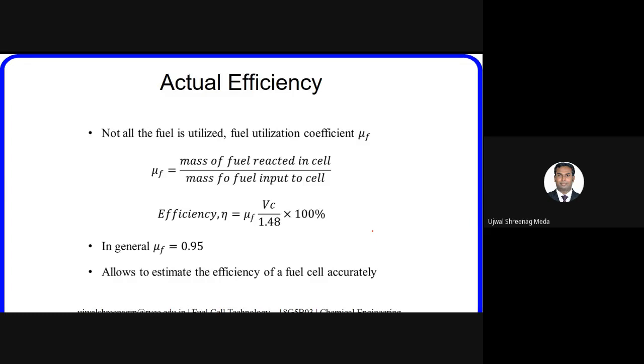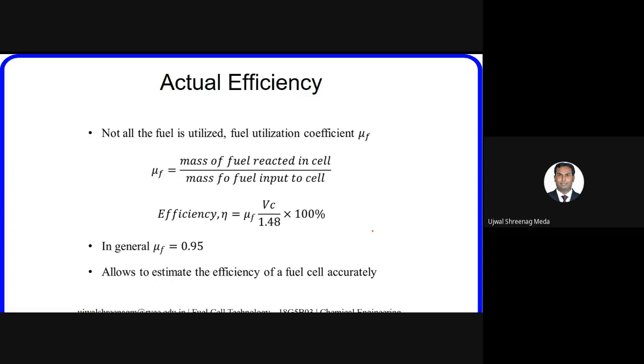And later with that, we defined how to calculate the maximum efficiency, which is the ratio of delta GF by delta HF. And when it comes to this delta HF, there are two values. One is higher heating value, other one is lower heating value. So with that, we were able to find out the maximum possible voltage and maximum possible efficiency, or efficiency limit of a fuel cell.